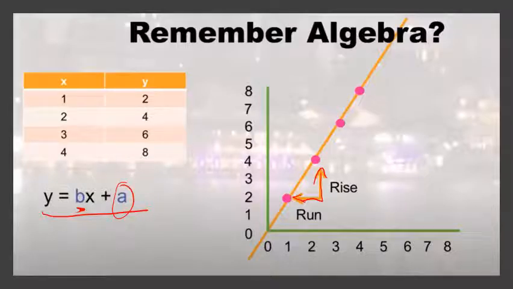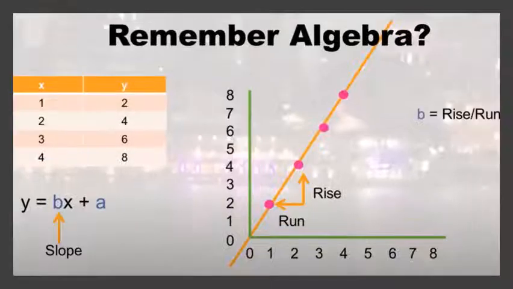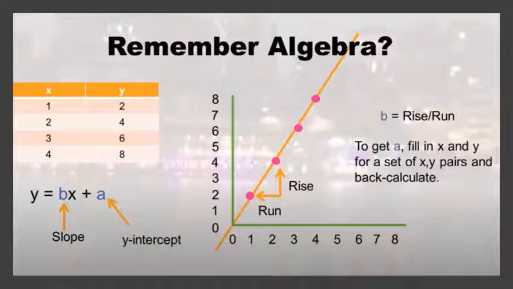This was where you crossed over the y-axis. So B is always going to be rise over run. That is your slope, right? So to get A back in the old days, we would take one of these points.